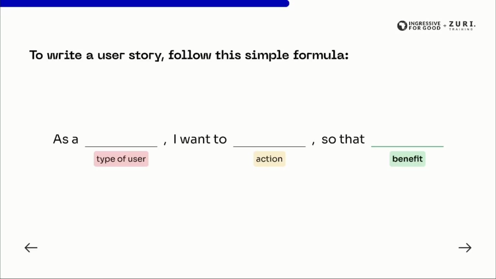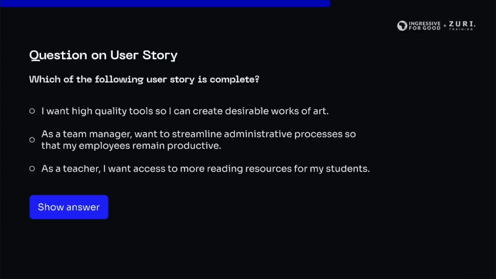Now let's take a quick quiz. At this point, you could pause the video to understand the question and digest it. Which of the following user stories is complete? The first option, I want high quality tools so that I can create desirable works of art.